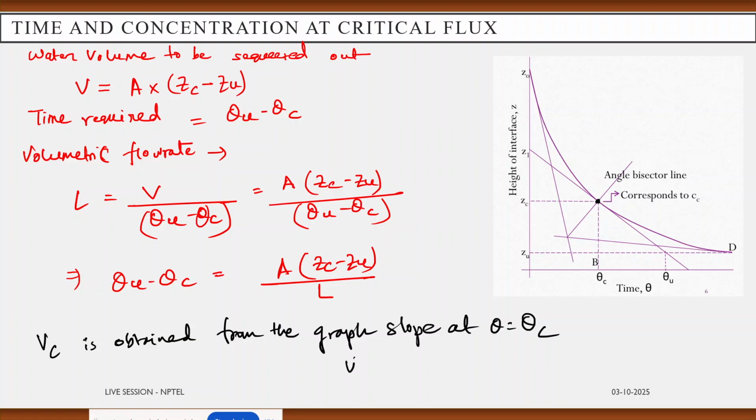So what will be the value? VC equals Z1 minus ZC by theta C. You can see this is the slope tangent we have drawn at the point theta equals theta C, and the slope of the curve will be VC.